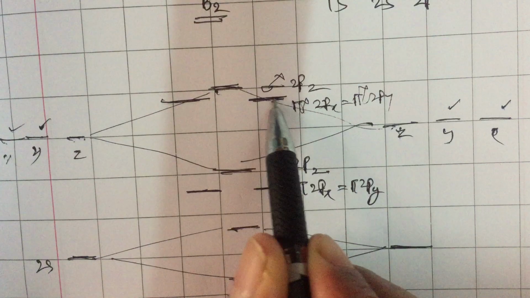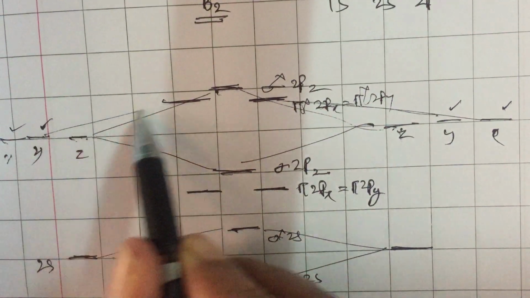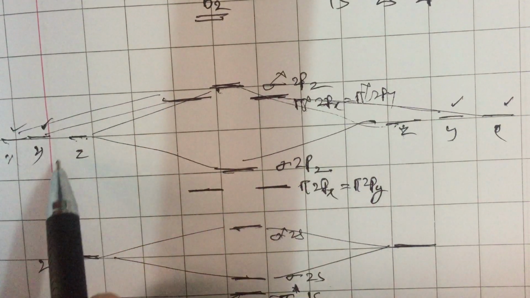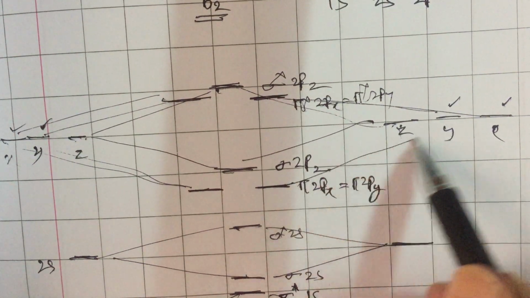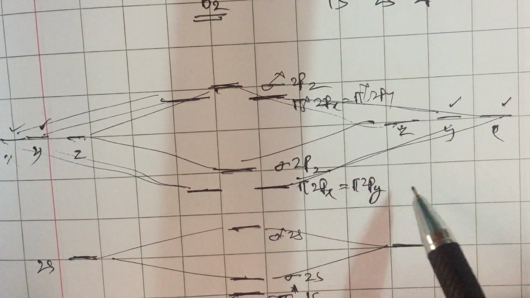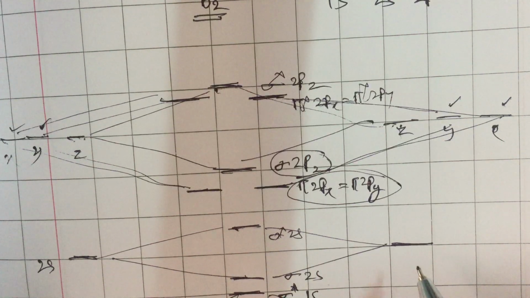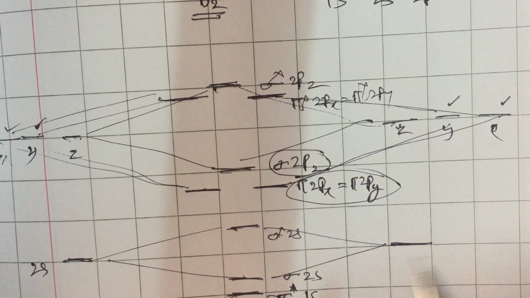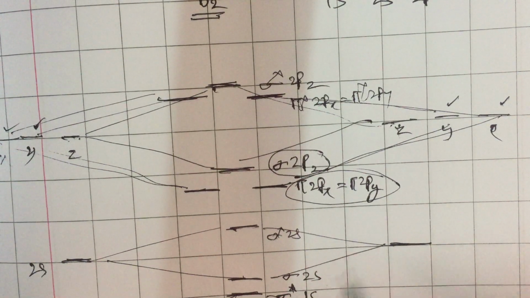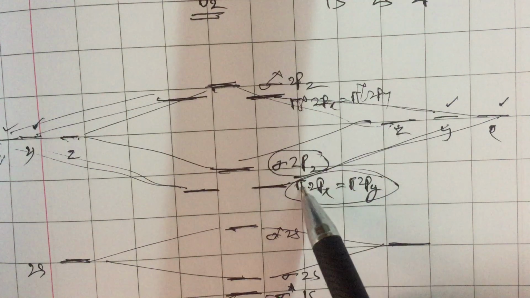Very interestingly, in molecules like B2, C2, N2, up to nitrogen, the pi 2px and pi 2py molecular orbitals are of lower energy than sigma 2pz. It is due to the orbital interaction. Up to nitrogen, this is the order.